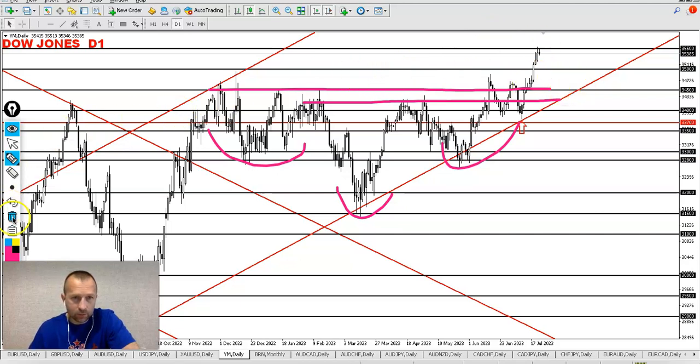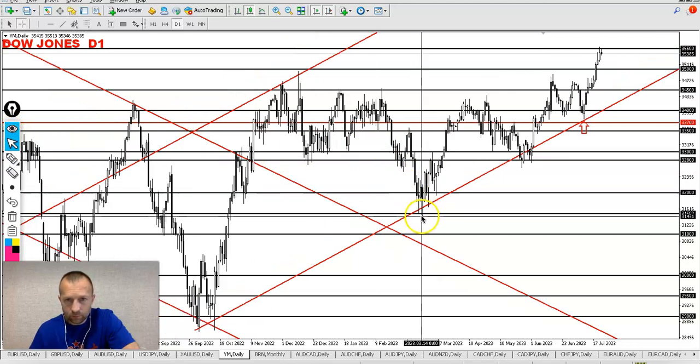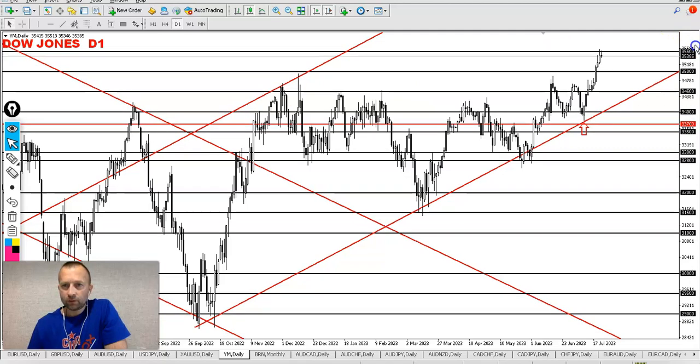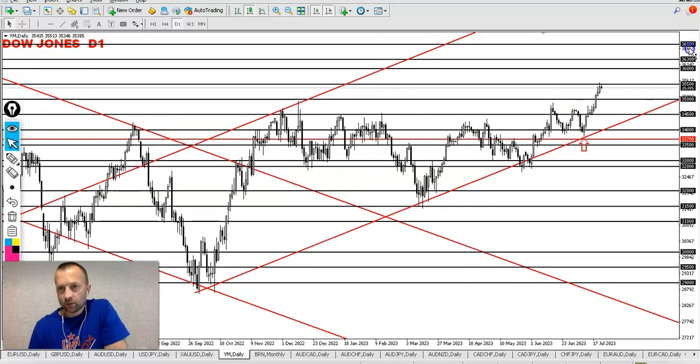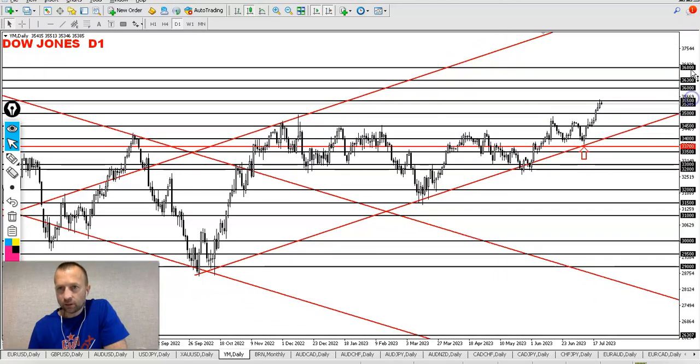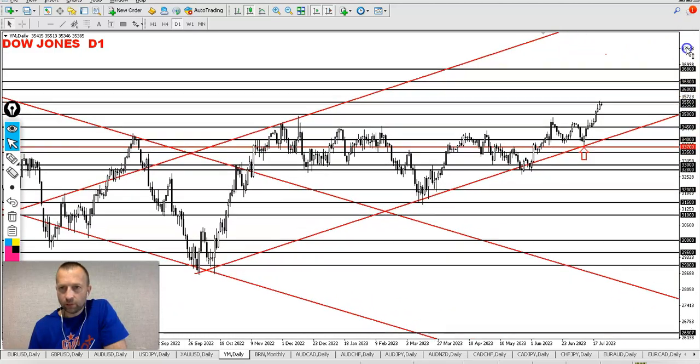We clean it, and if we measure the potential for this movement, if you take it from the bottom up to the neckline, you can see 3,100. So meaning that from this level, 34.5, we can expect movement up to 37,600, yeah guys, to the new historical high.